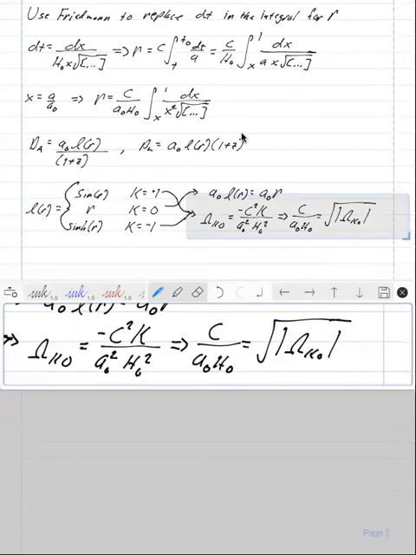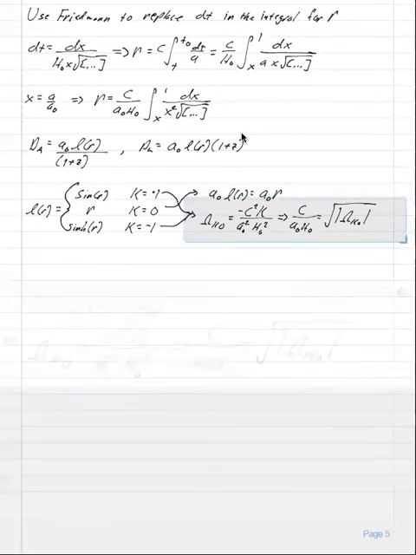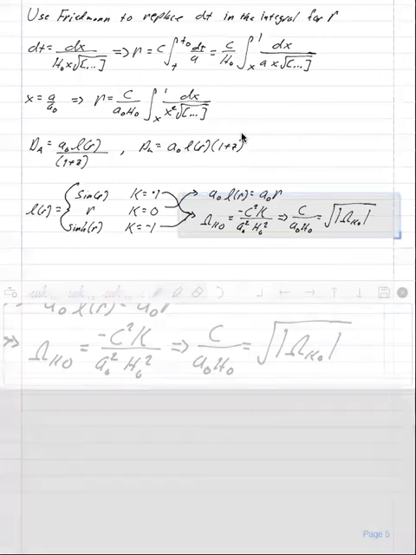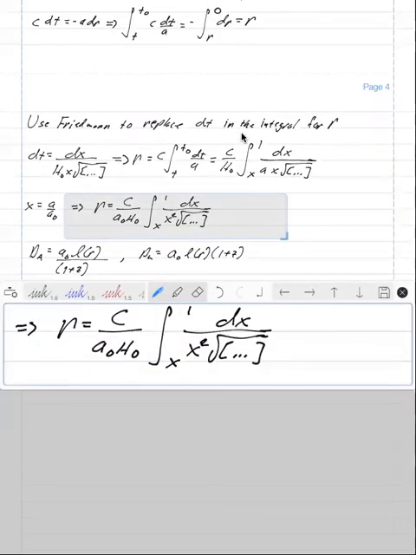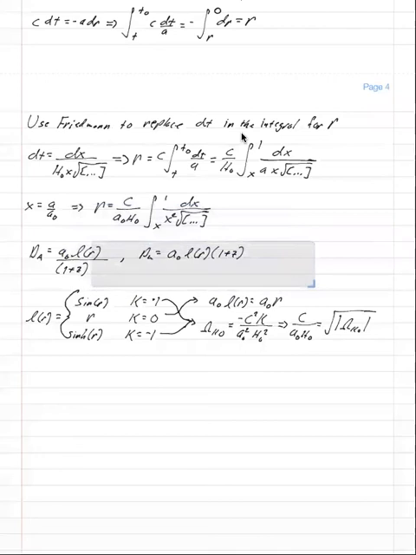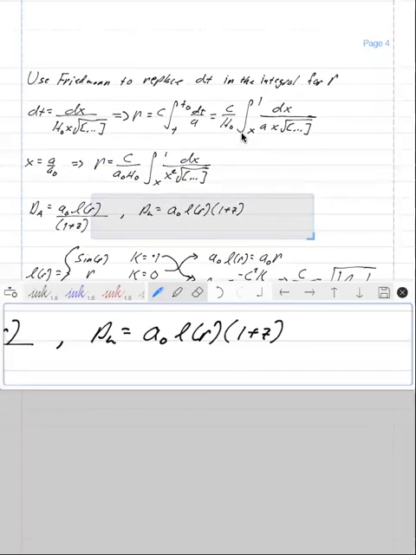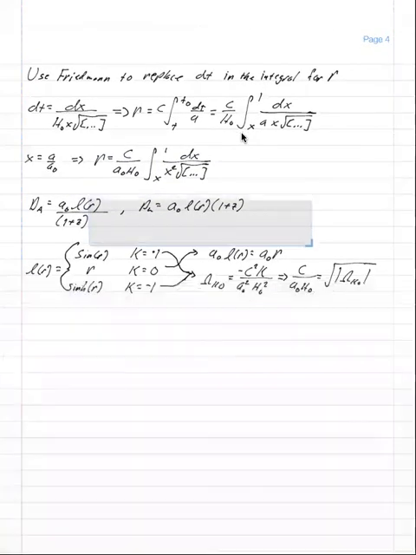And so since c over a naught H naught is equal to that square root of the absolute value of omega k0, if you know omega k0, you can plug that into this expression here, and now you would have your value for r. You also can rewrite this.